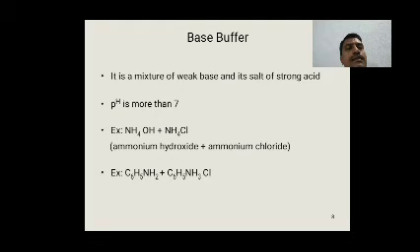An amine and an amine chloride, aniline and anilinium chloride, is an example of a base buffer solution.